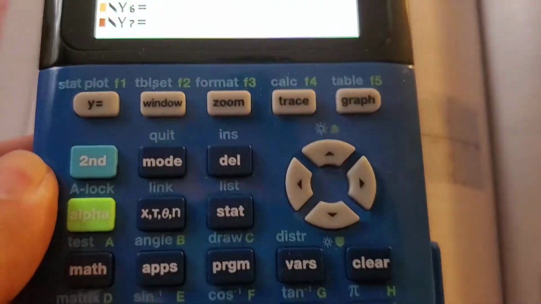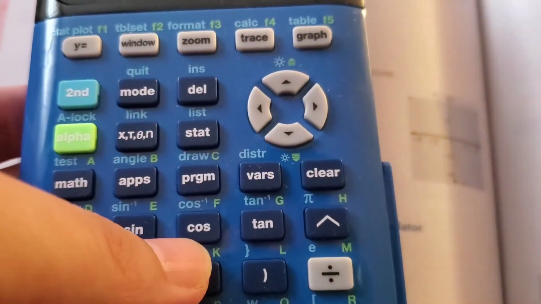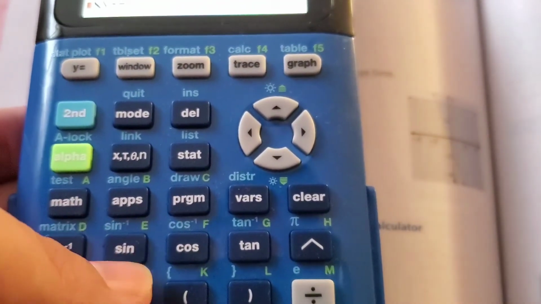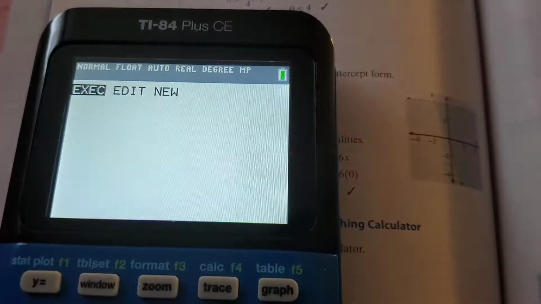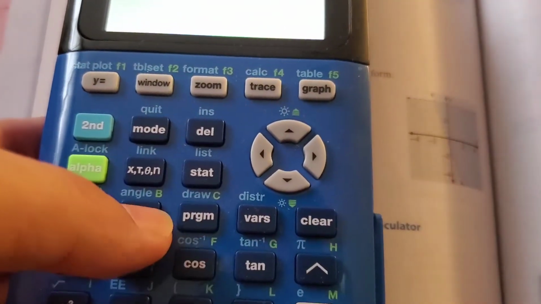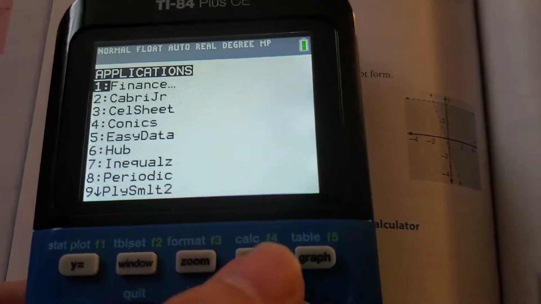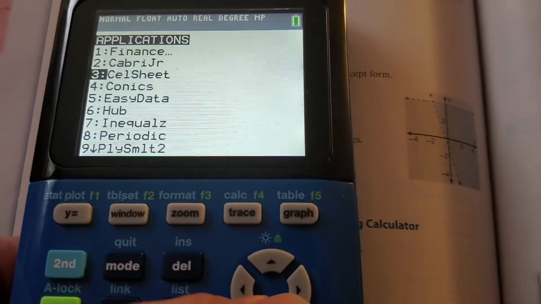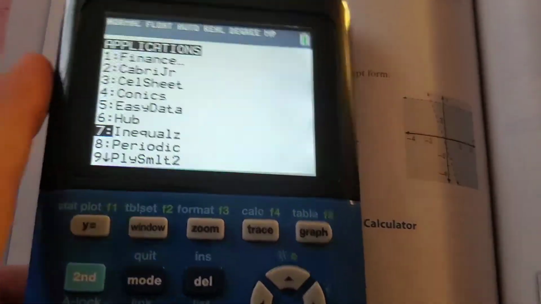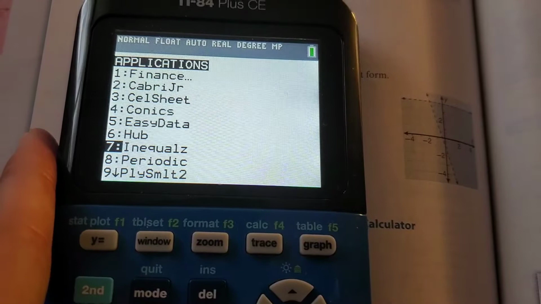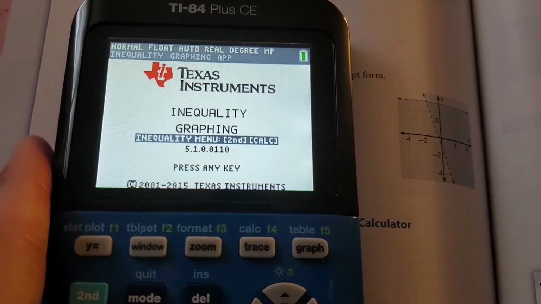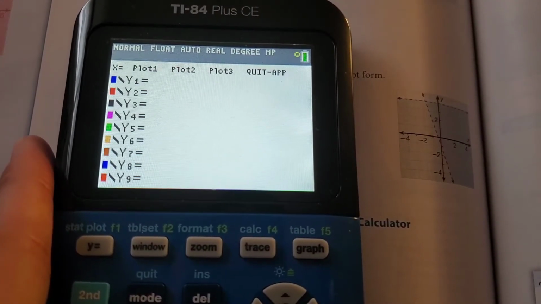We need to get it to y equals. So for those of you who don't remember, we go to apps. See, real life stuff here. Apps. And then we're going to go to 7, which is inequalities, and then press any key, enter, and that's it.